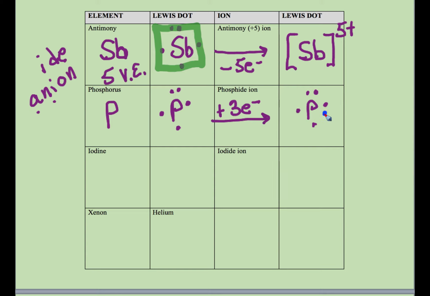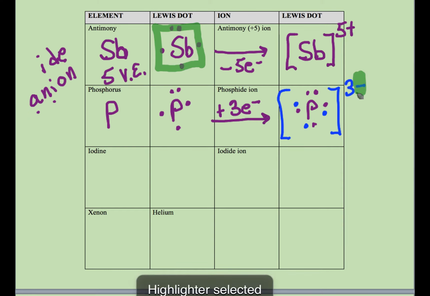It had 5. If it gains 3, do you see now it has that stable octet? Don't forget your brackets and your charge. It's correct to put the number before the sign. I don't know many teachers who would take points off if you put the sign before the number, but the number before the sign does a much better job of setting off that negative and that positive charge.